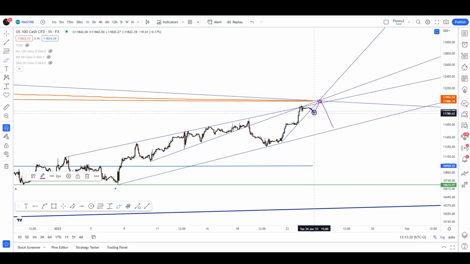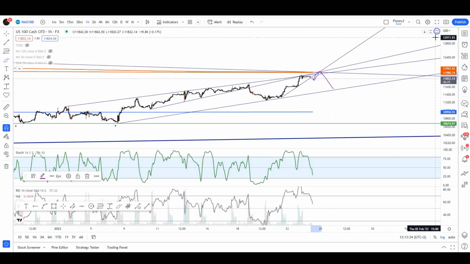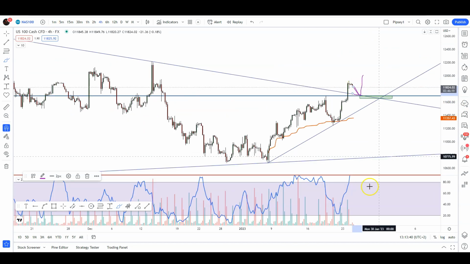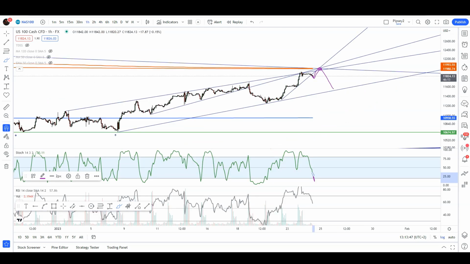A lot of bearish confluences, getting a little bit oversold now. So I'm thinking maybe we have a push down here, get oversold, have a bounce back up into this area.